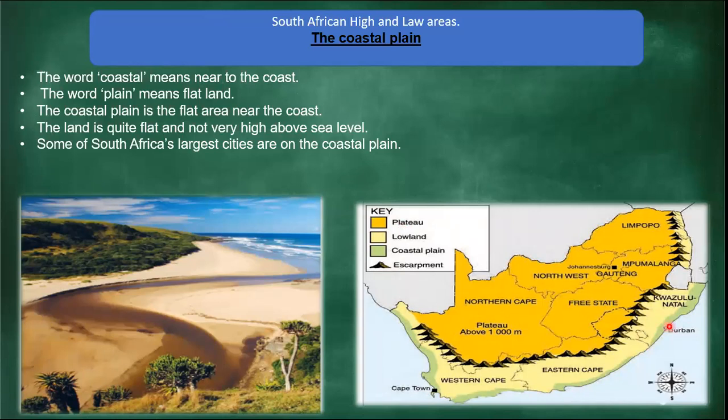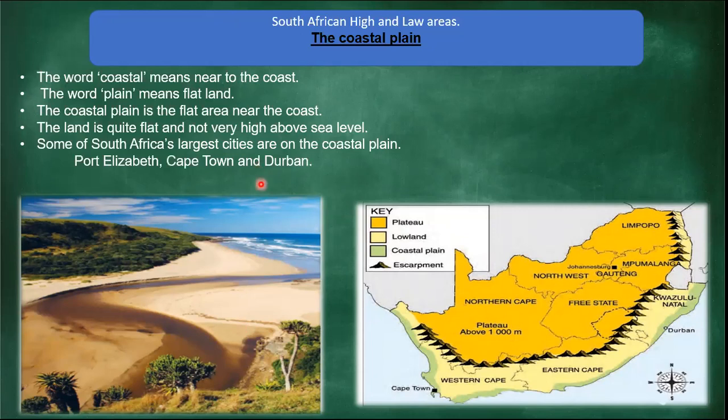It is at the bottom of our map. These are the cities that are in the coastal plain. We have Cape Town, Western Cape, Eastern Cape, KwaZulu-Natal. The large cities that are in the coastal plain are Port Elizabeth, Cape Town, and Durban.